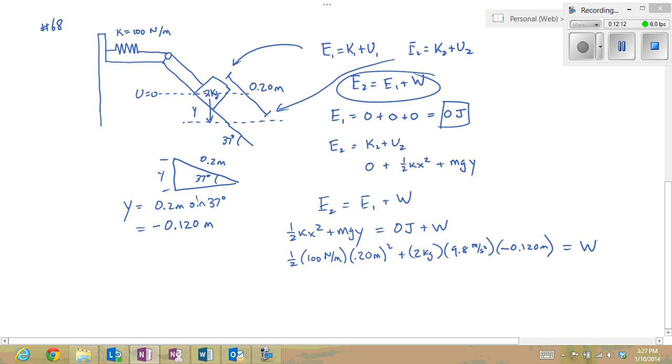Why? Because when the system is done, all of that energy has been dissipated somewhere. It's either stored in the spring, or it's dissipated in friction. So let's see how much energy friction dissipated by doing this calculation.